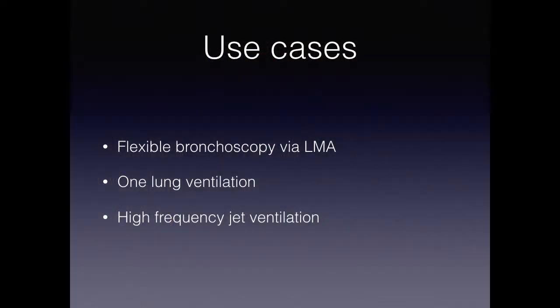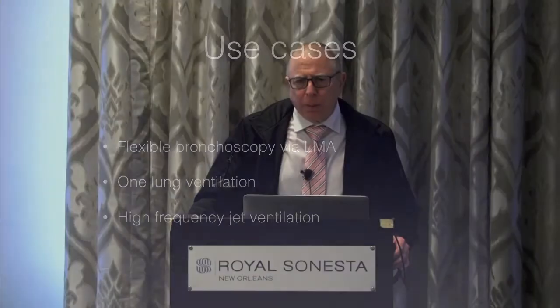And then the other place I spend a lot of time is in the cardiac electrophysiology lab, and I'll come back and spend a little bit of time on this. About 10 years ago at Penn, we started doing AFib ablations with high-frequency jet ventilation. Why do we do high-frequency jet ventilation?